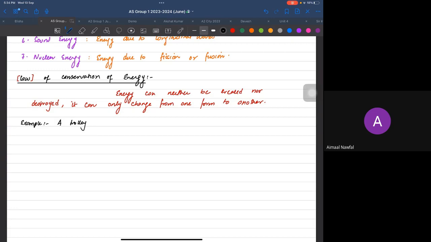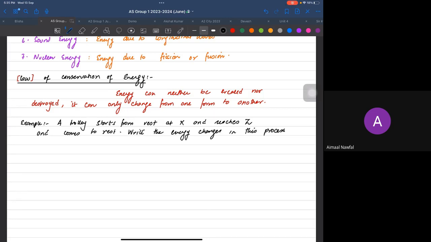It states that a trolley starts from rest at X and reaches Z and comes to rest. Now they say write the energy changes in this process.